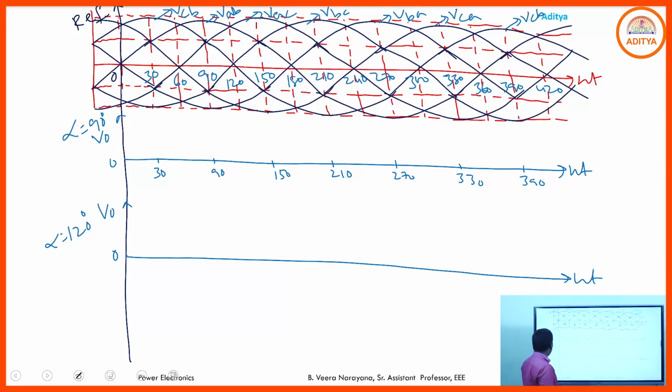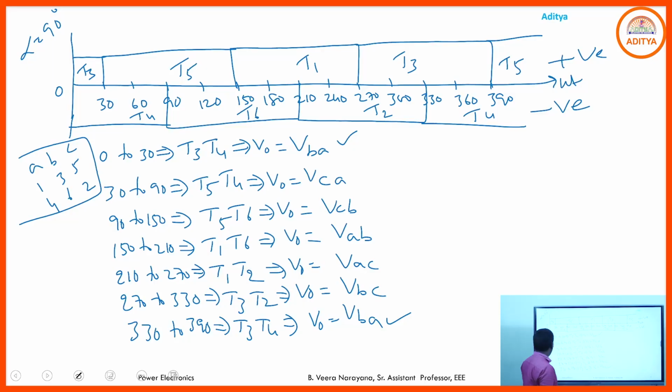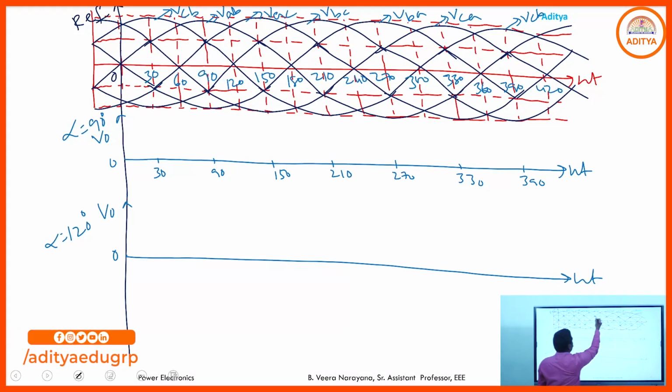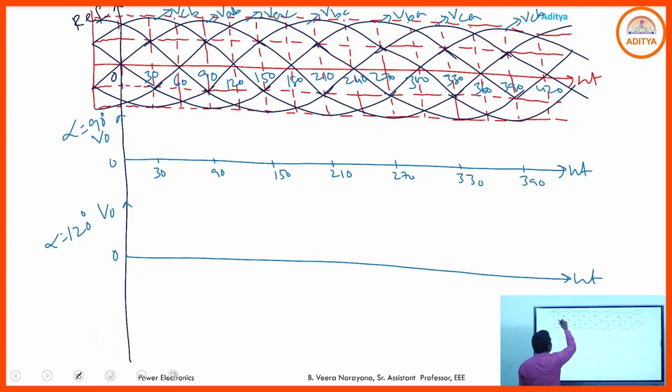So 0 to 30, what is the output voltage? VBA. So go through that VBA line, this one. Here it is. You draw that portion like this.